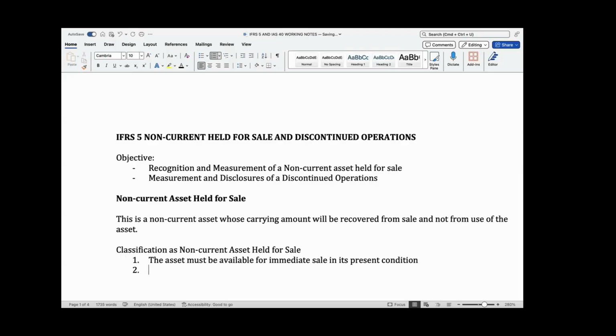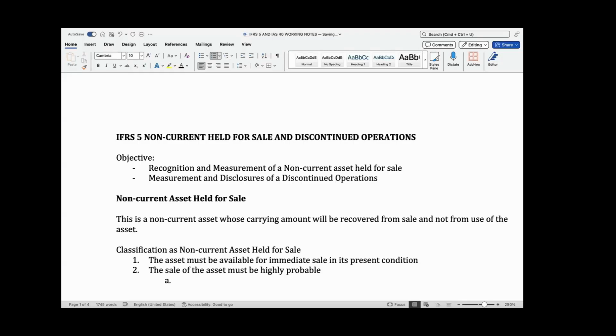And the second one is that the sale of the asset must be highly probable. The sale of the asset must be highly probable. When we say highly probable, what do we mean?